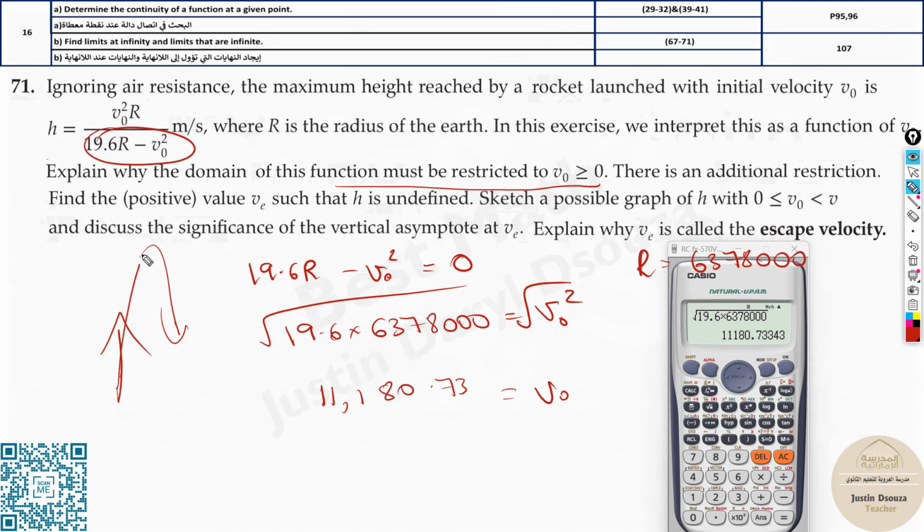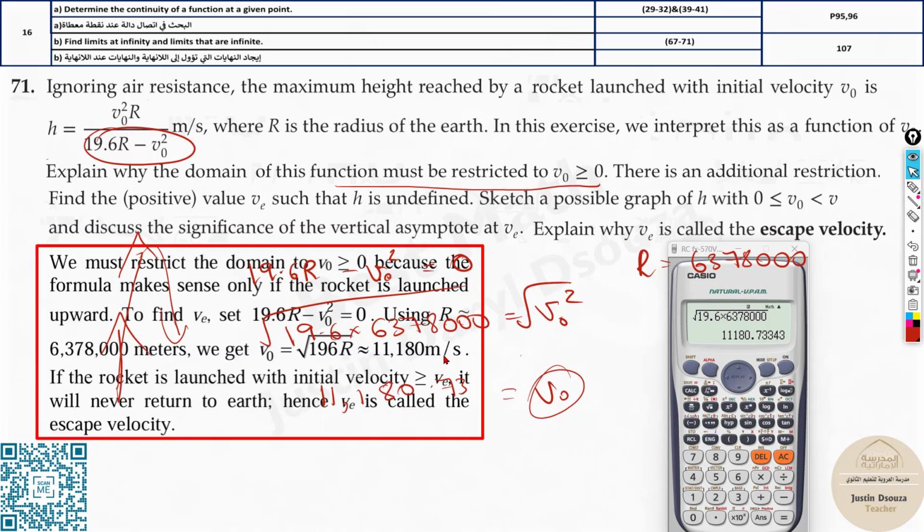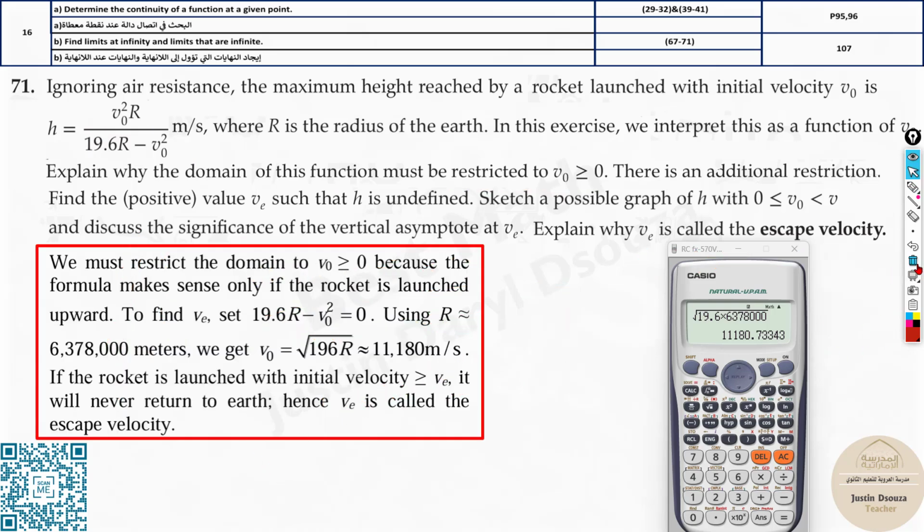It's going to go up and into orbit. It'll not be affected by gravity as long as it's more than the escape velocity. That's the concept behind it. We find the escape velocity because they have already told us H must be undefined. So we just equate this denominator to 0 and solve it. That's the answer. You can see they've just rounded off. It's over here, 11,180. That's the answer.